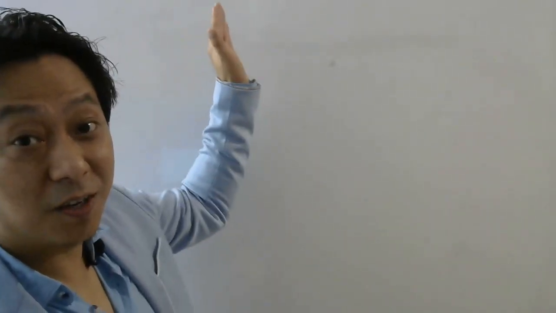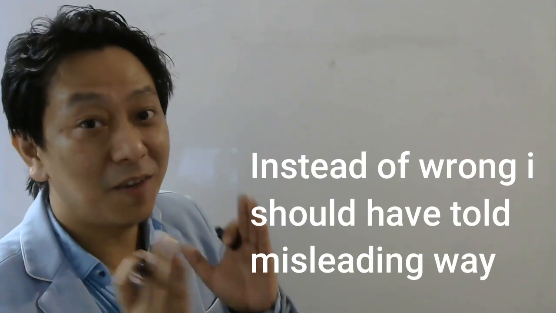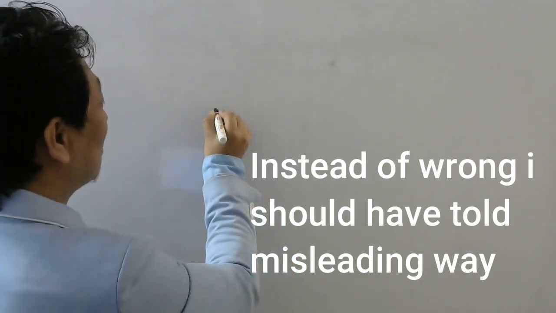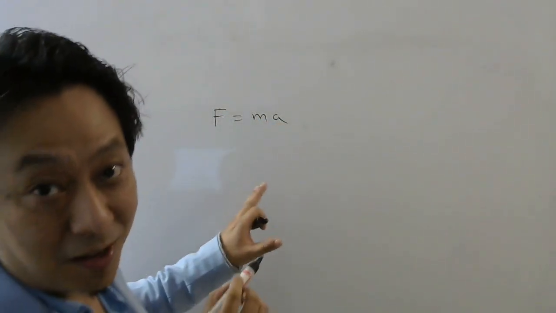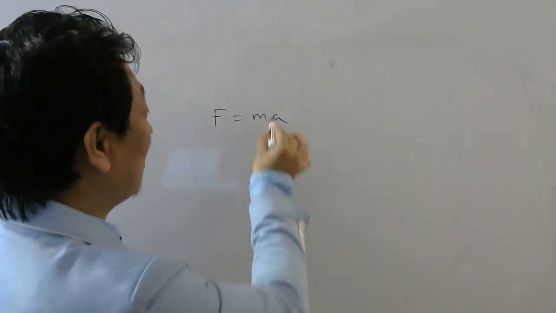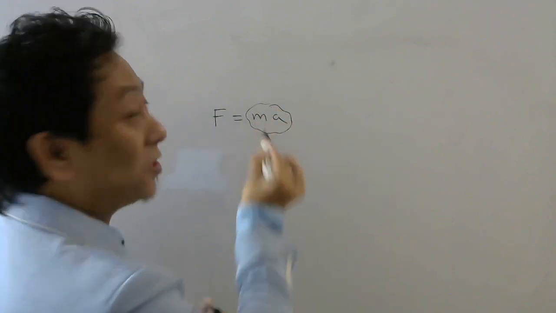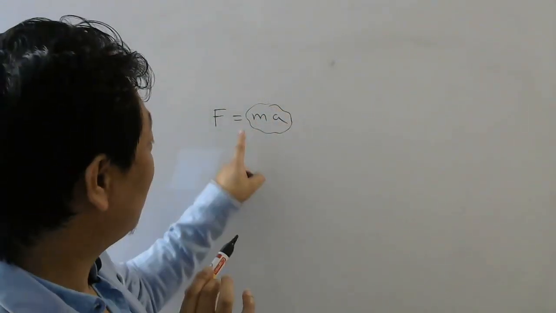Now let me tell you why there are some misconceptions where people say the centrifugal force balances the force by the nucleus. Why do they say this? That is because we write Newton's second law in a very wrong way. We write Newton's second law this way, isn't it? When we write this way, people start thinking that this is also a force which is acting on the body, because there is an equal to.